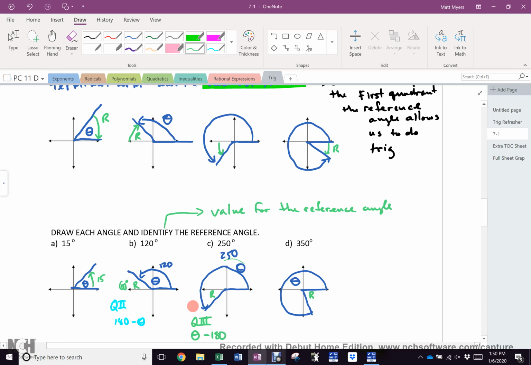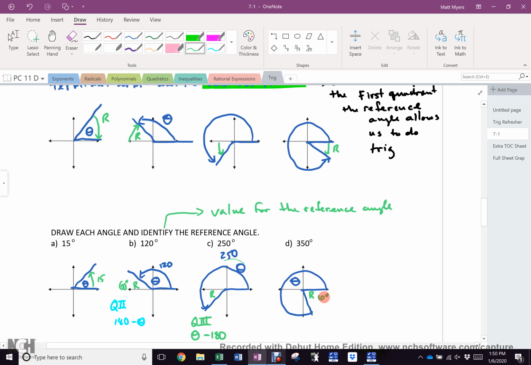Cool? All right, what's this guy? What's this guy's reference angle? I drew it badly. What is it? It is 10. I had to leave this much space because I wanted you to be able to see it.